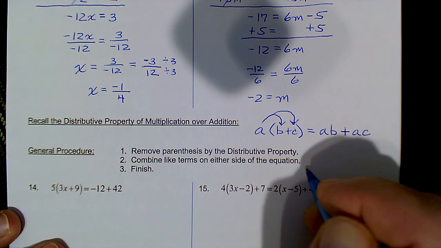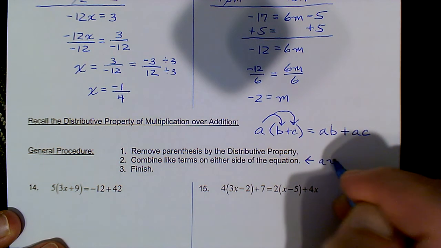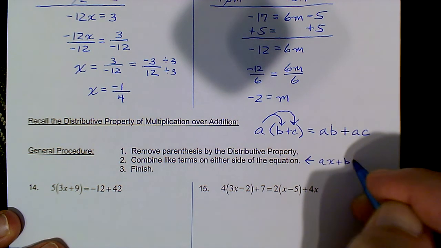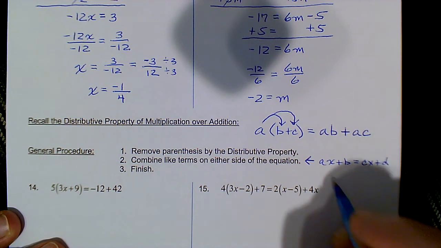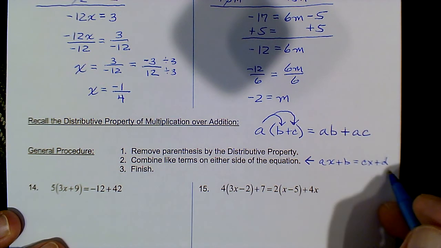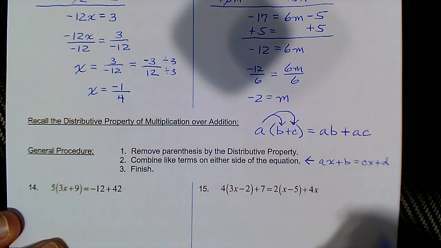So at this point right here, after you combine like terms on either side, that's where you should obtain the form, worst case, of ax plus b equaling cx plus d. And remember, this is the 3-step process. Variable to one side, constants to the other, then your division.